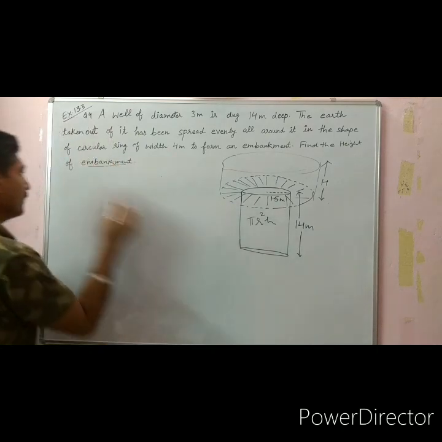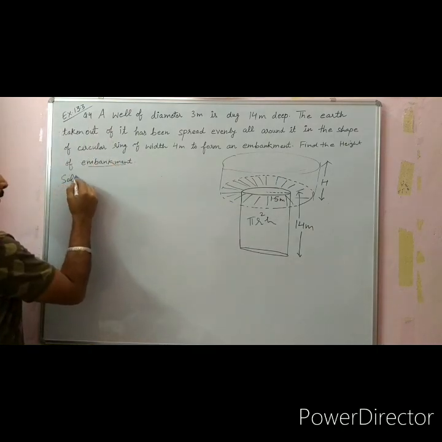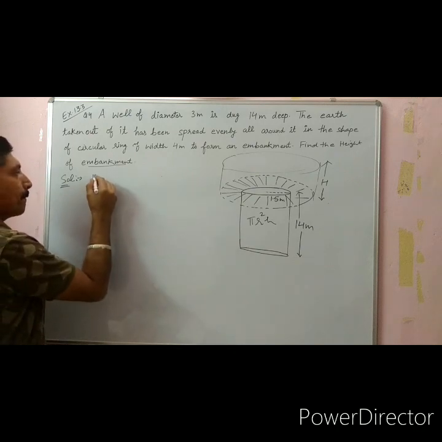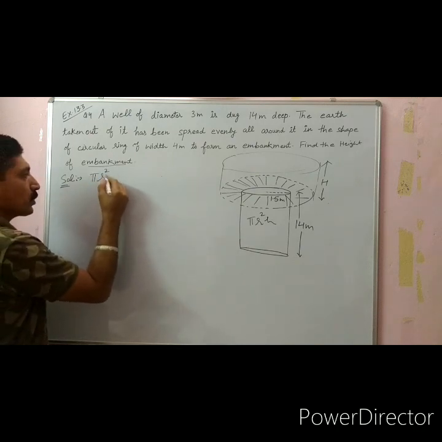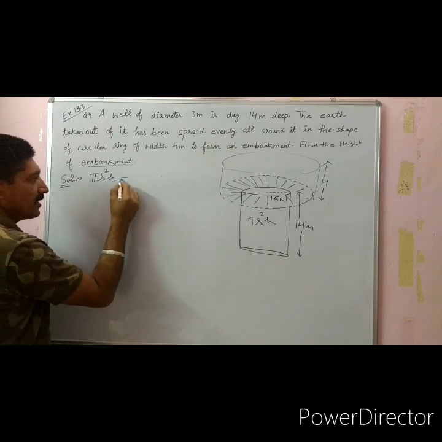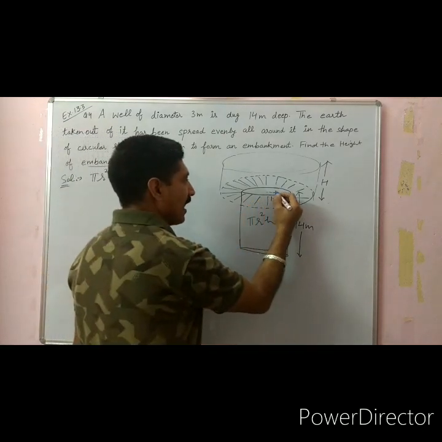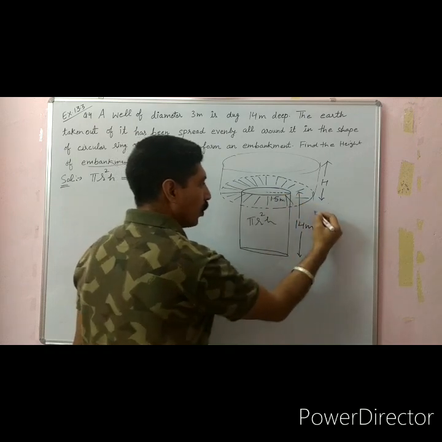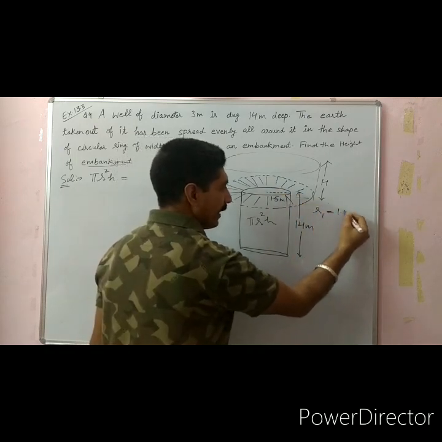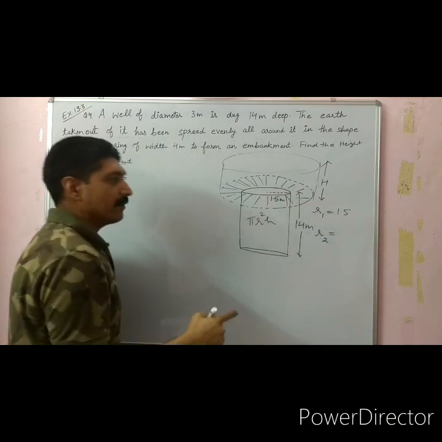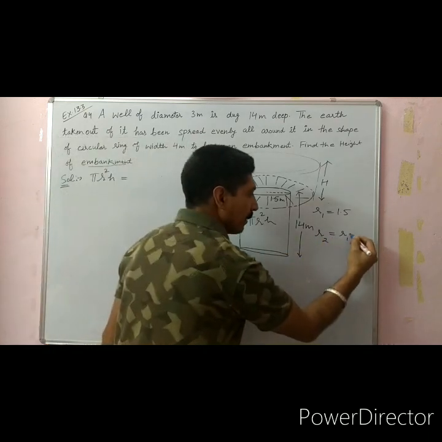So in this question, pi r square h is equal to, with r1 as 1.5, r2 as r1 plus 4.